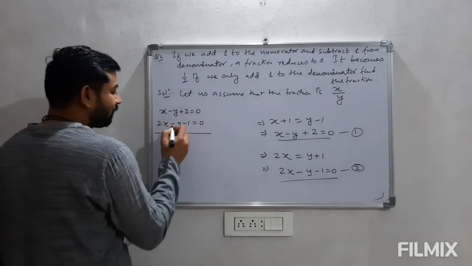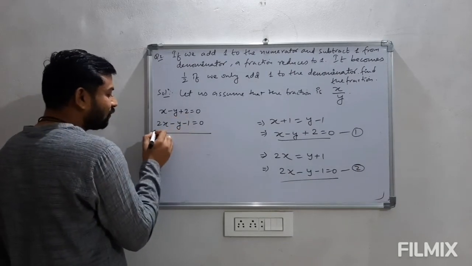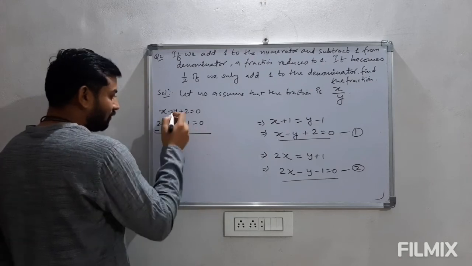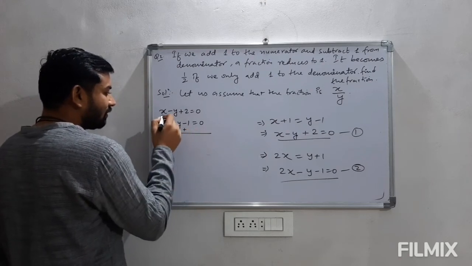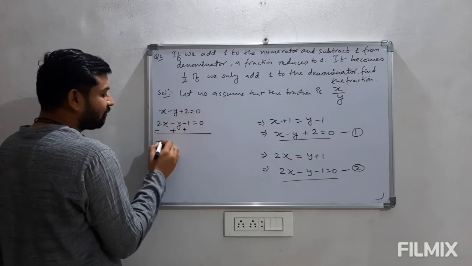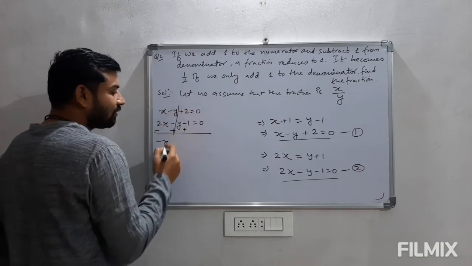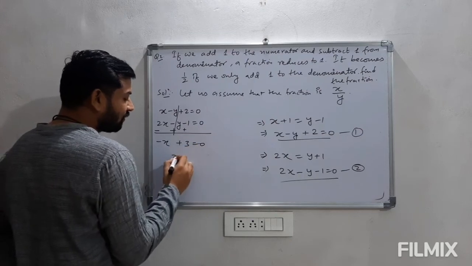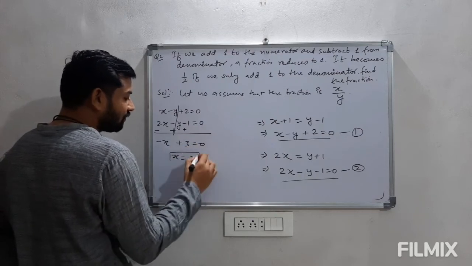So we can use subtraction. We have to change the signs, minus, plus and plus. So what we are getting here is minus x. y is cancelled here, plus 3 equals 0. So from here we are getting x equals 3.